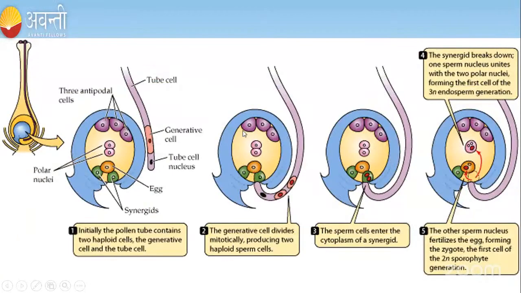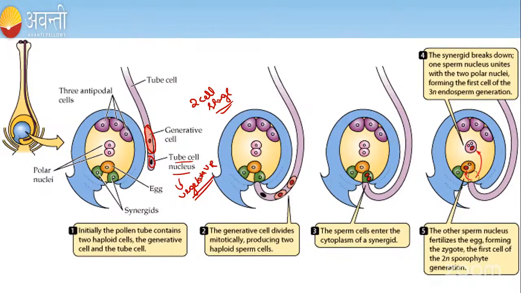Okay, this is about double fertilization, which we already studied. It is there in a stepwise manner. You can go through this. I have told you some angiosperms shed pollen at the two-cell stage. Here only one generative cell and one tube nucleus, the vegetative cell nucleus, are there.